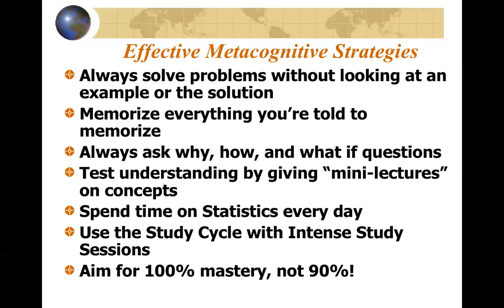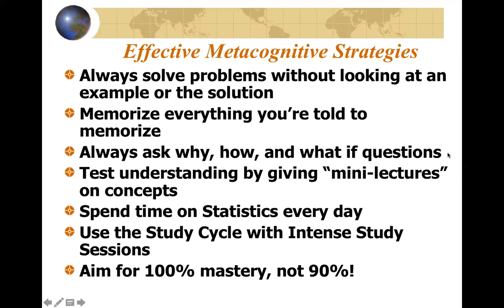The author of this, Sandra, she said one of the most interesting answers she heard to the question, what's the difference between studying and learning, was that, well, when I'm studying, that's the what's. And when I'm learning, that's the whys, hows, and what ifs.